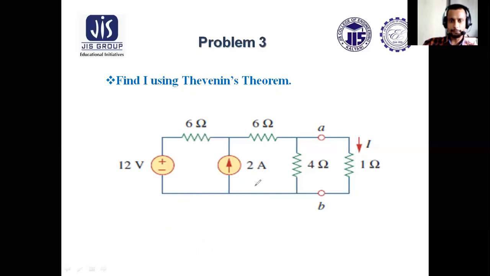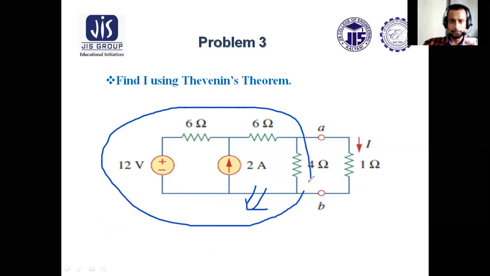So this complex circuit with RL removed can be replaced by VTH, that is 6 volt, in series with RTH, that is found to be 3 ohm.